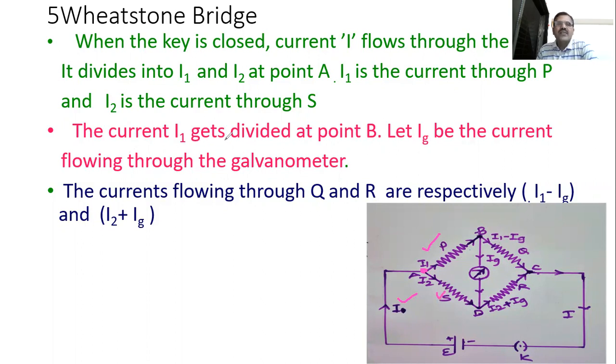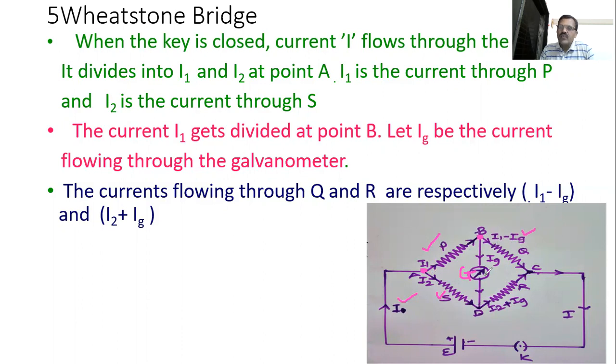The current I1 gets divided at point B. When this current I1 reaches point B, part of the current passes through the galvanometer, that is, some current Ig, and the remaining current, I1 minus Ig, passes through the resistance Q. The current flowing through S is I2.